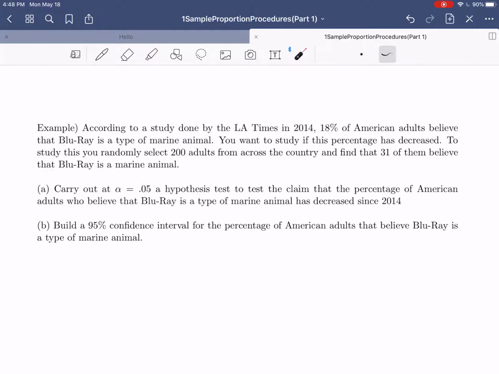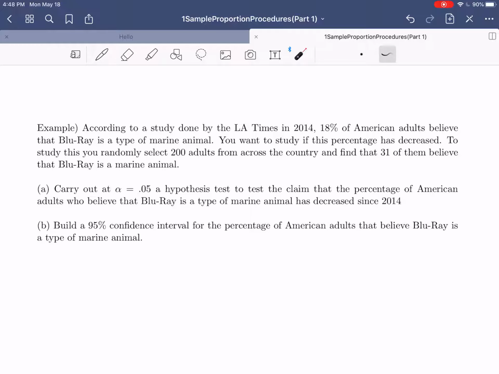This is an example that uses one of my favorite data sets. It was a study done by the LA Times about American adults and their knowledge of terminology about technology.